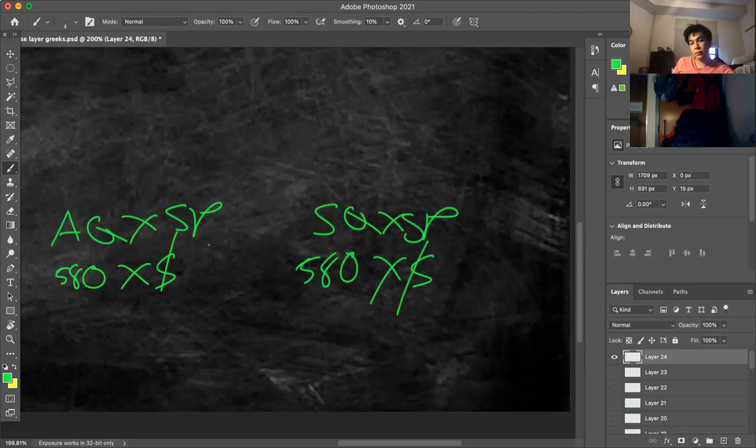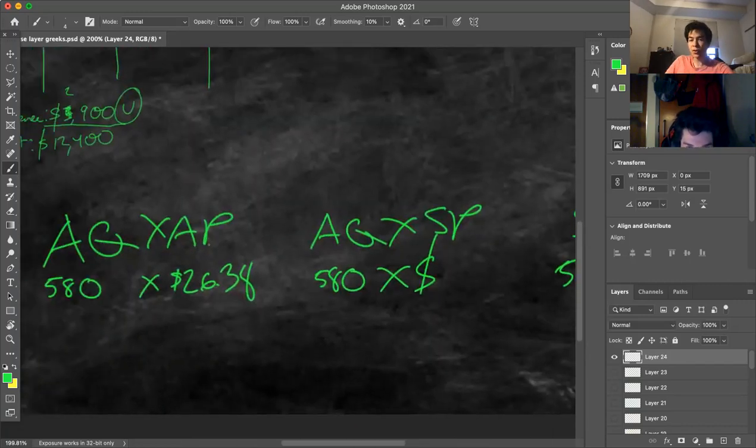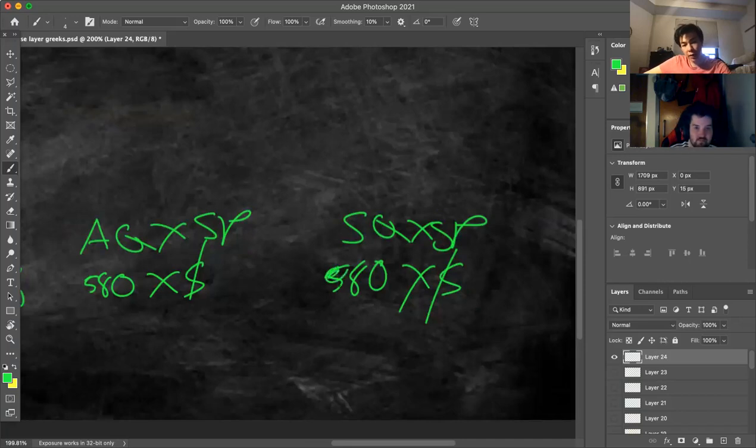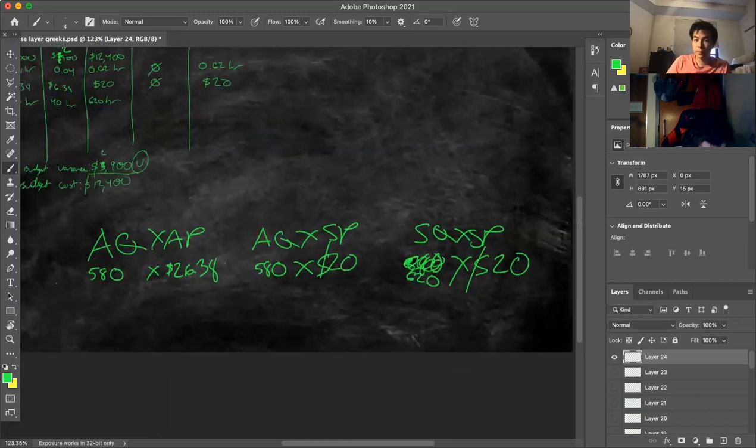So the 620 times 20. Is it the 620 times 20? Yeah, for that one. And then the middle one is gonna be 580 still. And then let's multiply these out.